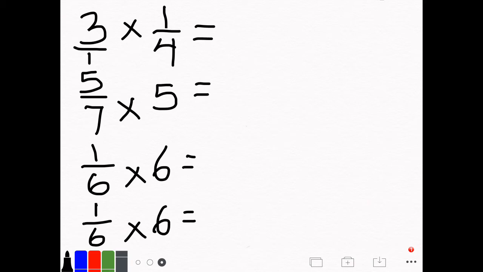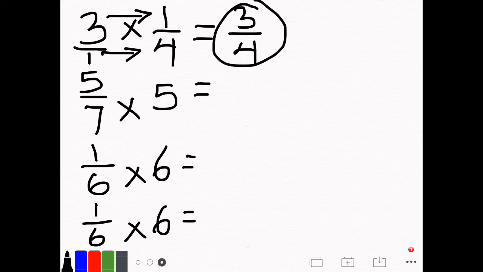So we're going to take 3 times 1, and we're going to get 3. We're now going to multiply our denominators, 1 times 4, which is 4. Asking ourselves, is this in simplest form? The answer is yes, it is. So I get 3/4.